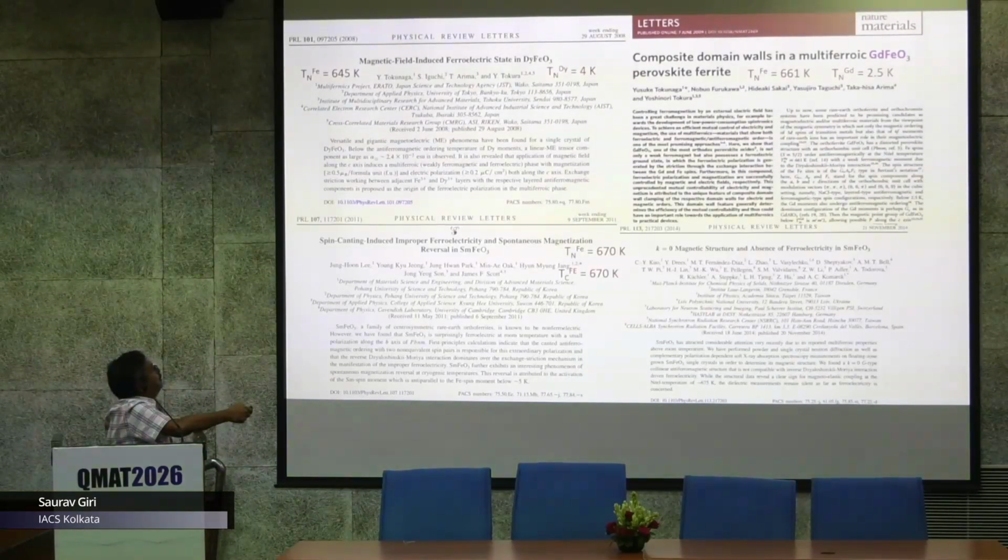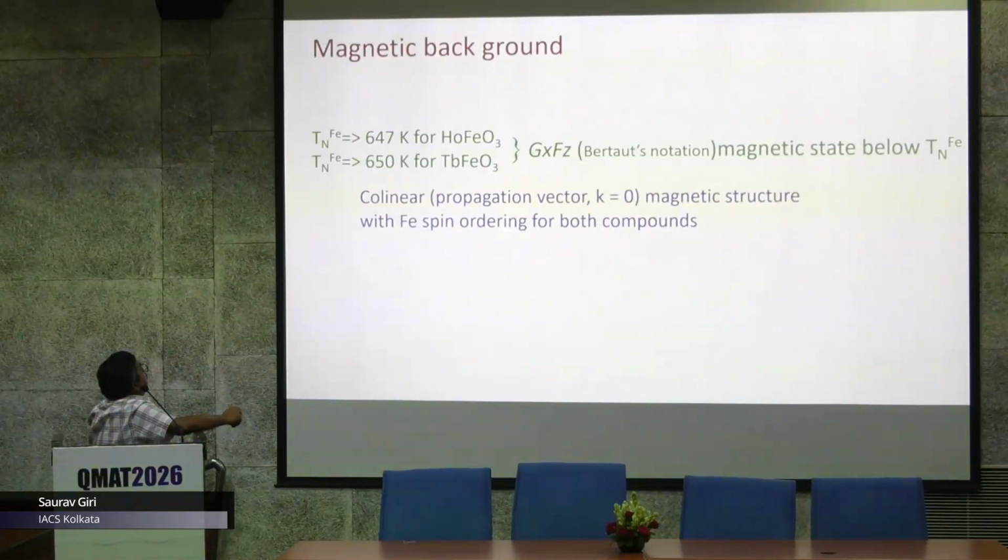So we have taken terbium ferrite, which lies in between dysprosium and gadolinium, and holmium ferrite, which is just next to dysprosium in the periodic table. Let me start with the background of the magnetic properties, which is already published.